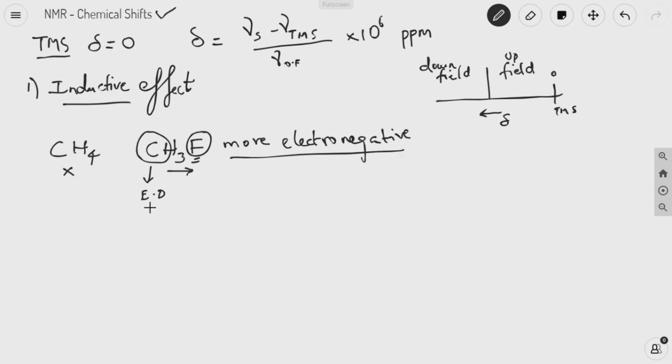This decrease in electron density is what we call de-shielding. This process of de-shielding will increase your del value.